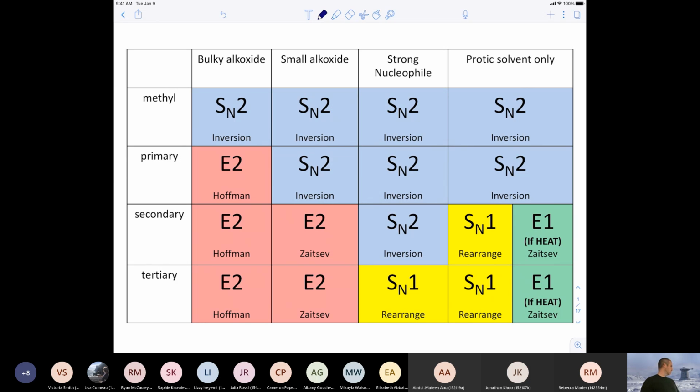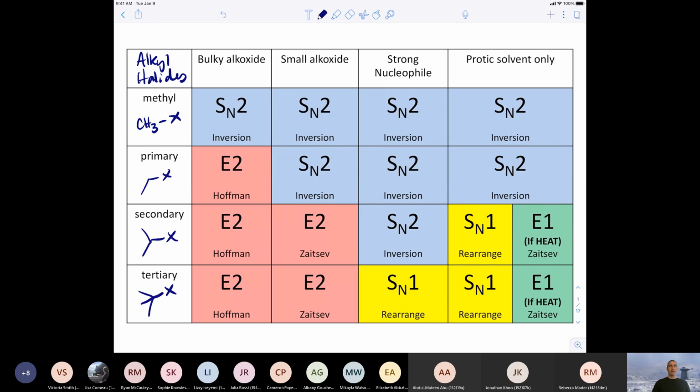So together, this graphic that you can see on your screen summarizes the mechanism outcomes for any possible situation we could throw your way from unit 6. This is all looking at alkyl halides, and the substrates can either be methyl, which would be like CH3X, primary, secondary, or tertiary.